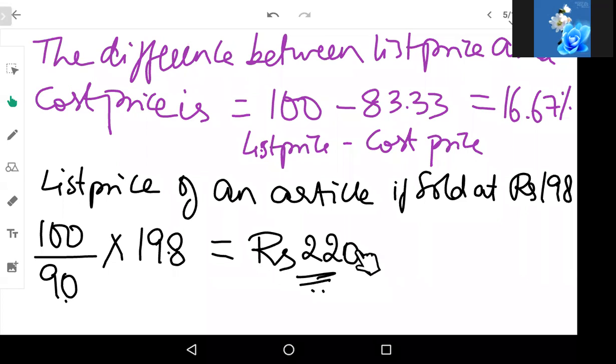Now this 220 rupees article, after giving 10% discount, was sold at 198 rupees. So 220, now if you have doubt, you can calculate and see also. 220 minus 10%, if you calculate, you will get 198.